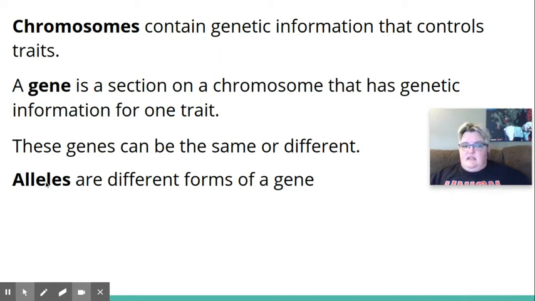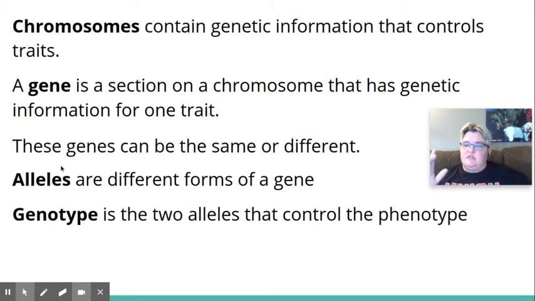The alleles are different forms of a gene, or the different specific trait that we're looking at. With Mendel, as well as with others later on, they looked at those alleles and said, okay, how can we use this information to determine what is going to happen in the next generation? And so they identified something.